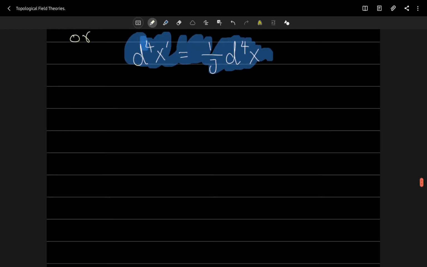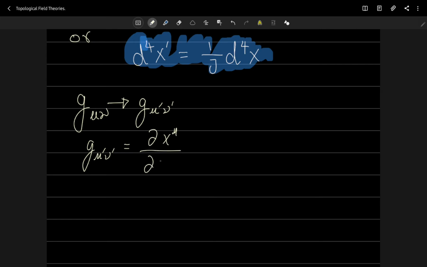But we can fix that, and to do that we simply note that the metric itself transforms, g mu nu transforms as g mu prime nu prime, where this g mu prime nu prime is equal to partial x mu over partial x mu prime times partial x nu over partial x nu prime, multiplied by g mu nu.